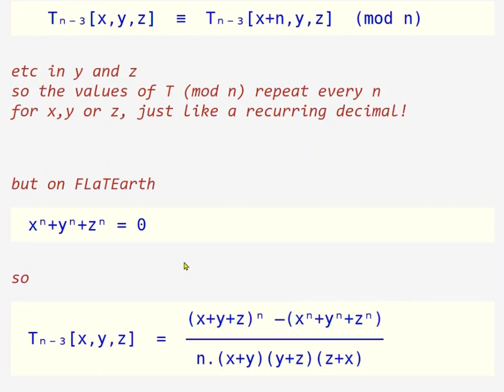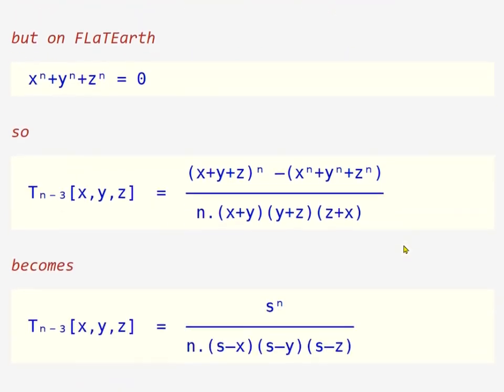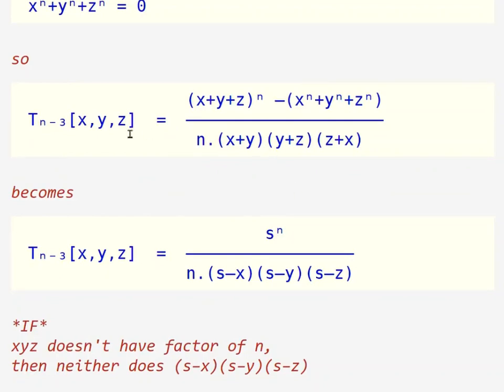Now on flat Earth, x power n plus y power n plus z power n equals 0. So what does that mean for our T-Tricer? This was our definition. Here we have x power n plus y power n plus z power n, so that becomes 0.